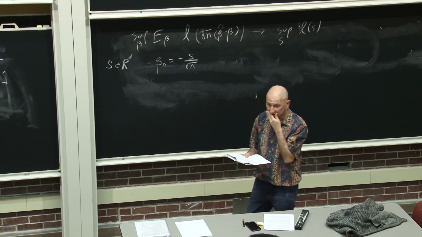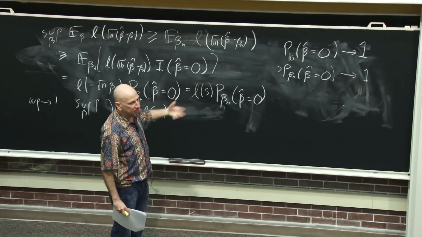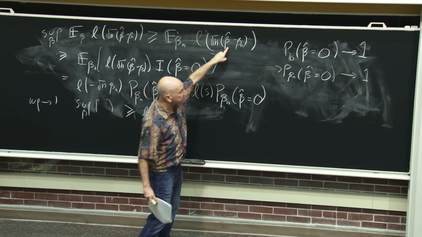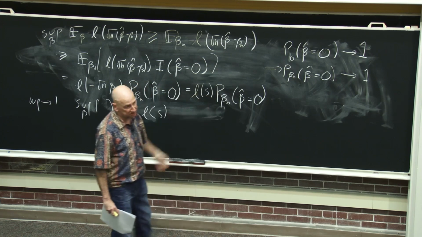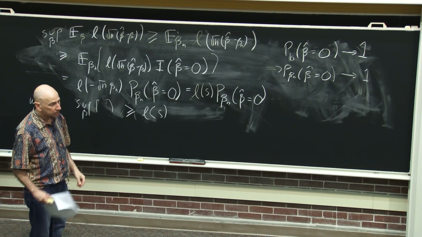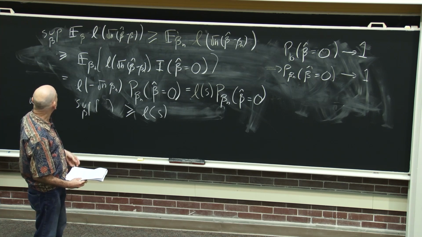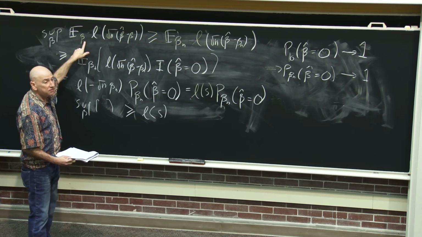What is the expectation taken over? Well, I didn't say, but we're generating random data from some regression model and estimating the beta hat. So it's with respect to that randomness. The beta is the true value of the parameter.